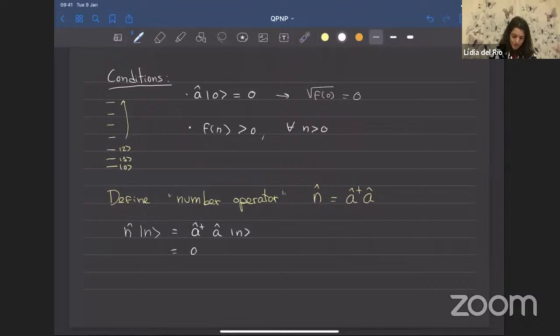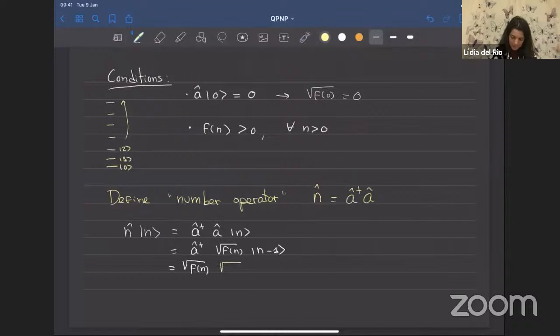So this is A dagger square root of f of n, on n minus 1. And now we apply the A dagger again on this state, so it's square root of f of n, this is the one from before, and I'll write here the new one.